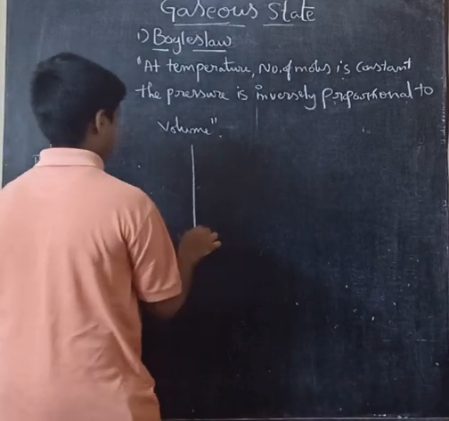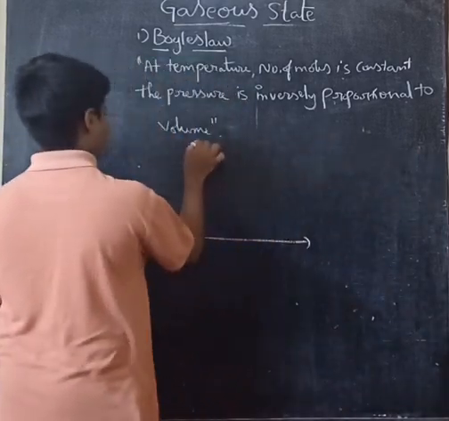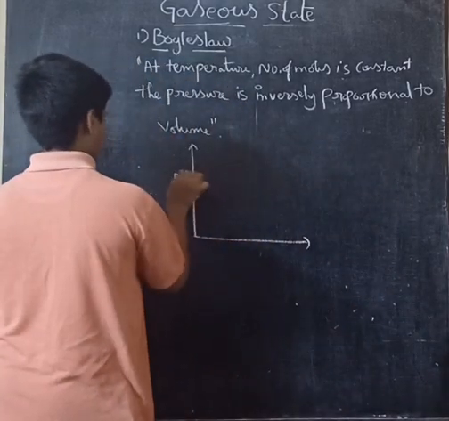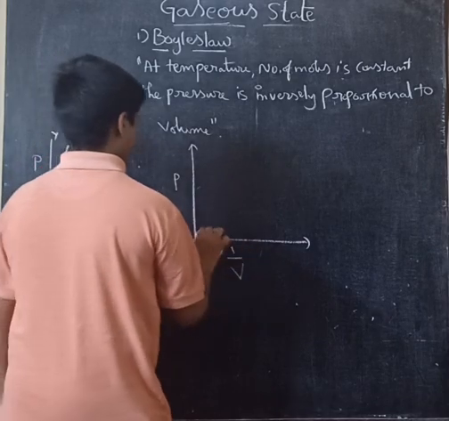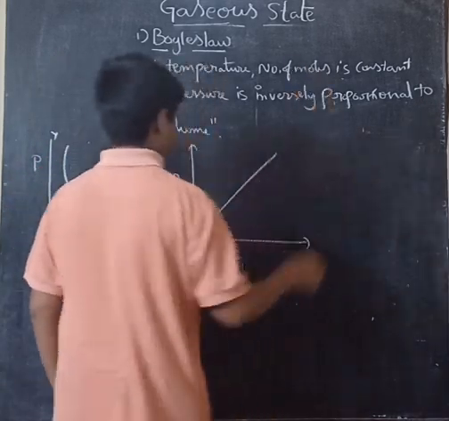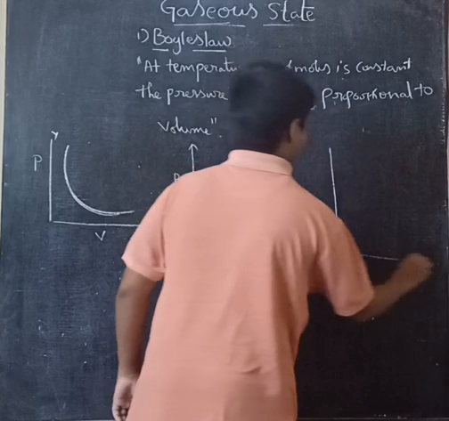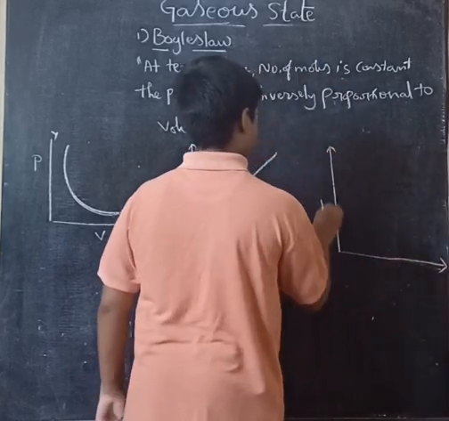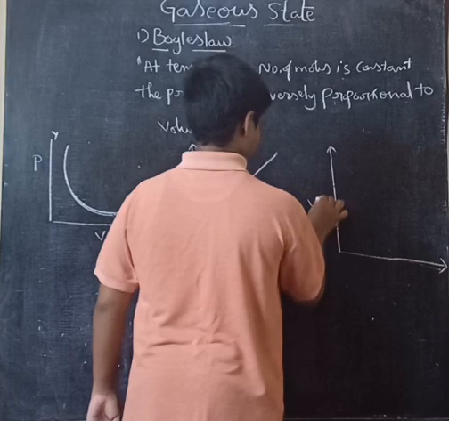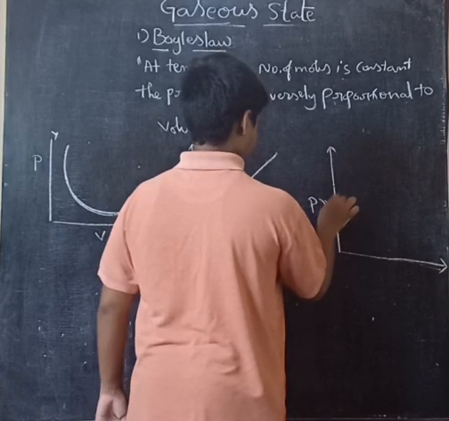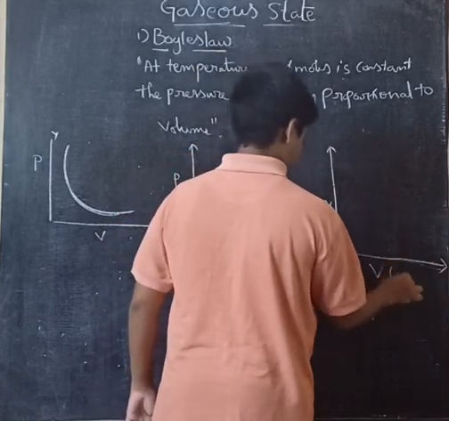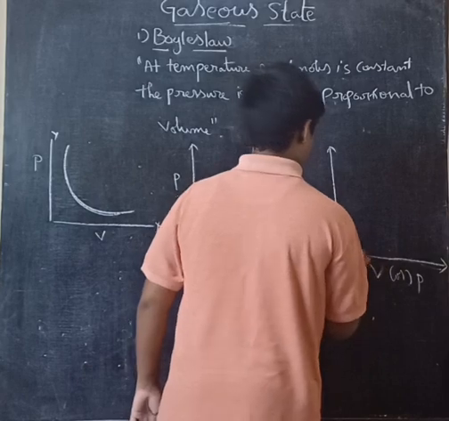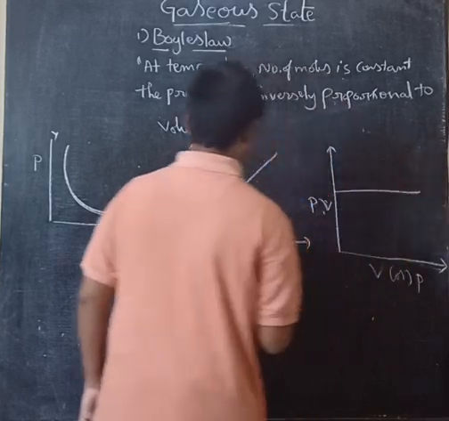If I take P against 1 by V, the graph is a straight line. If I take pressure into volume against volume or P, the graph is a horizontal line.